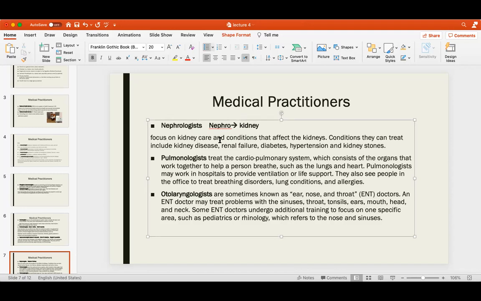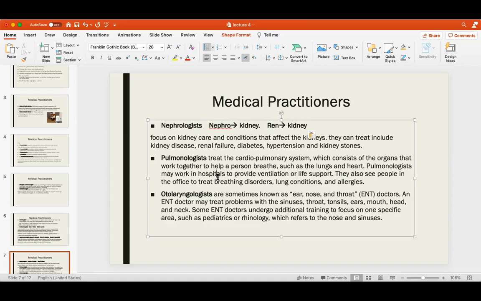Focus on kidney care and conditions that affect the kidneys. Conditions they can treat: kidney disease, renal failure. If you remember, we said that also ren means kidney. Renal failure, diabetes, hypertension, and kidney stones.